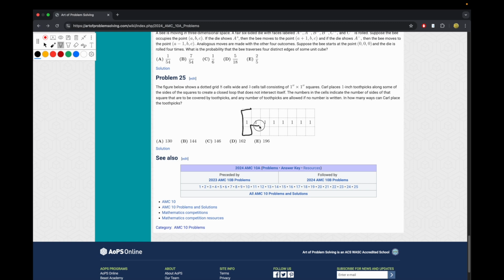Okay, so we touched ones here. Maybe we can come back and touch them at the top. So we go this way. Yeah, this should be fine. Yeah, this is one loop.